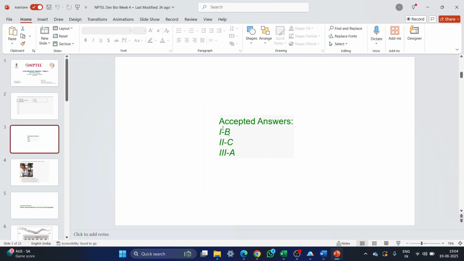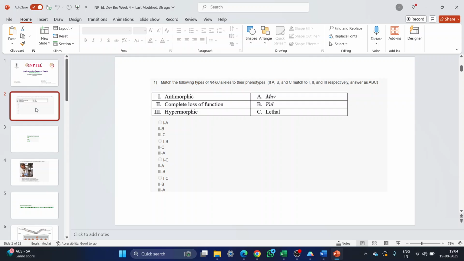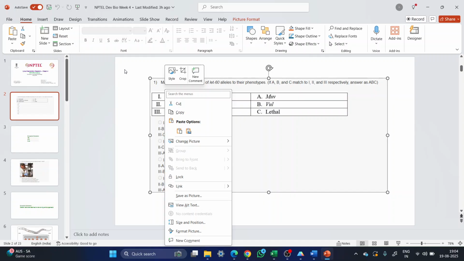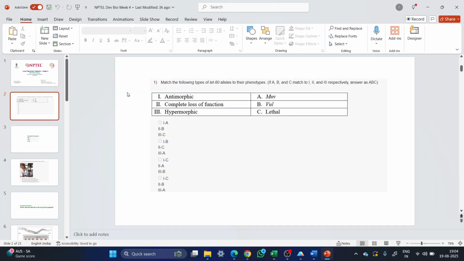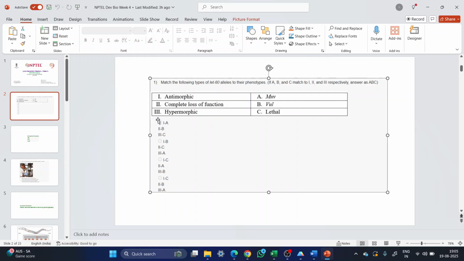And the correct answer is first matches to B, second matches to C, and third matches to A. So from here we can say that this one is the correct option.